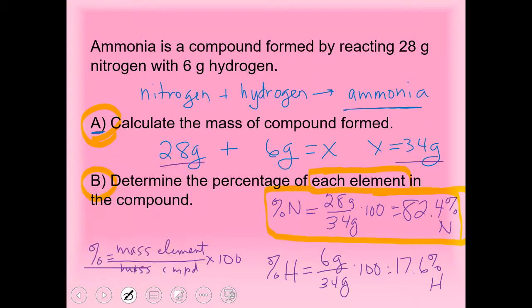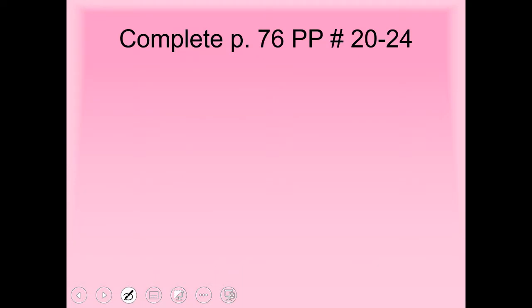Now, in the book, on page 76, there's a couple of problems I'd like you to do, okay? I have a document for you to complete, and make sure you turn it in at the end. If you need help, of course, you should ask, and you can consult your book. Pages 74, 75, 76 leading up to doing these problems are full of information and examples, and you may ask me as well.